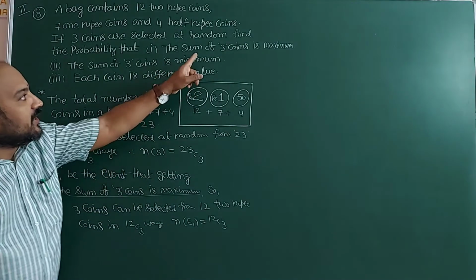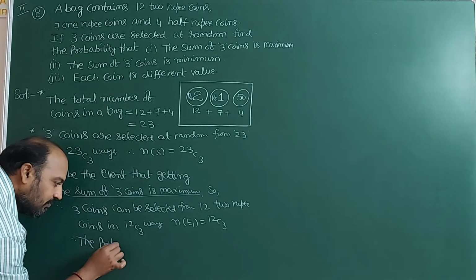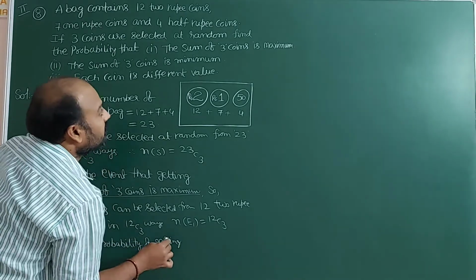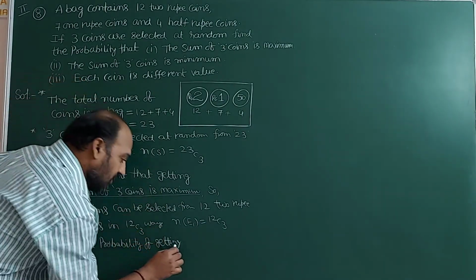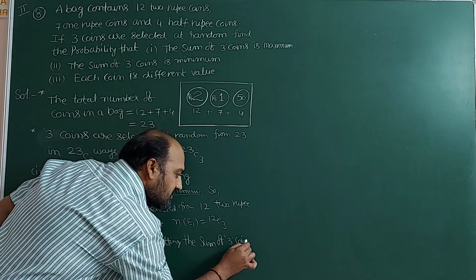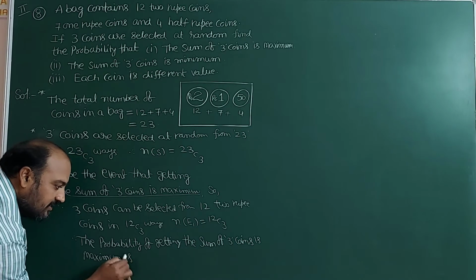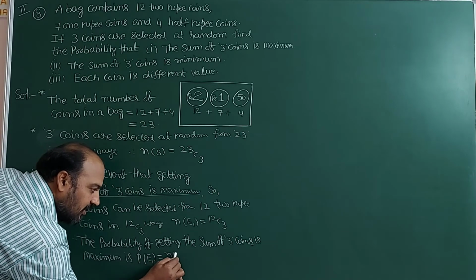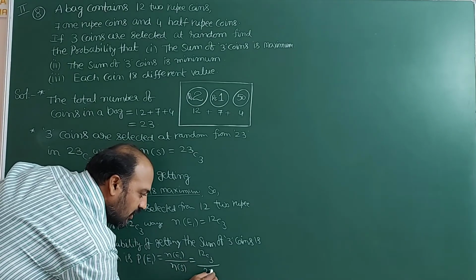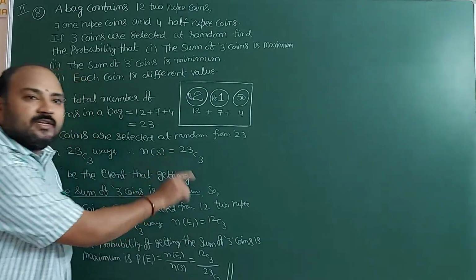Therefore, the probability of getting the sum of 3 coins is maximum is P of E1 equal to n of E1 by n of S, that is 12C3 divided by 23C3. The first question is completed.